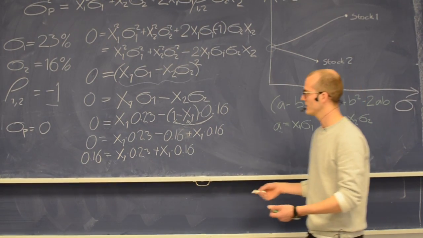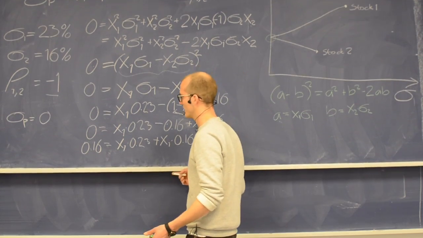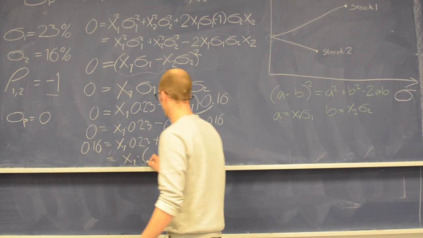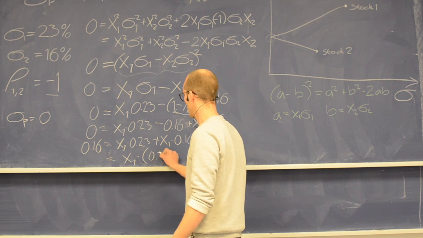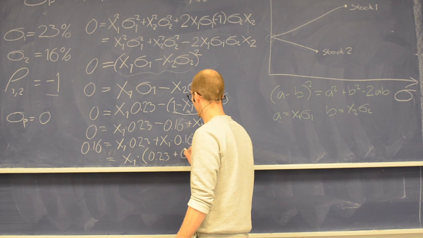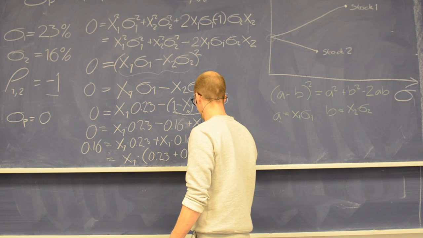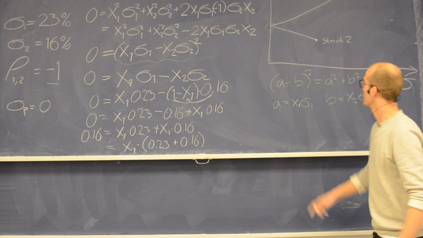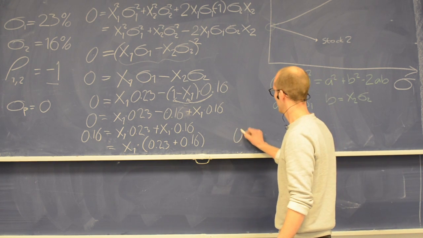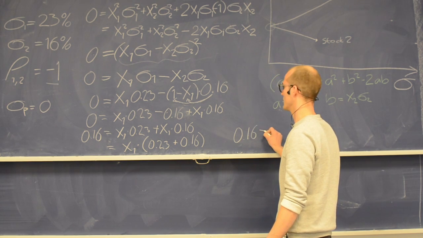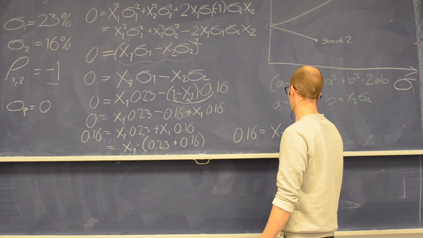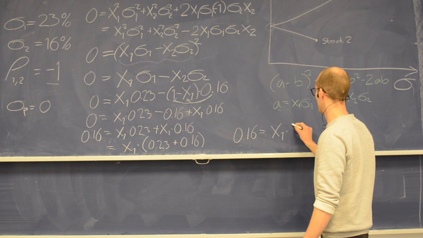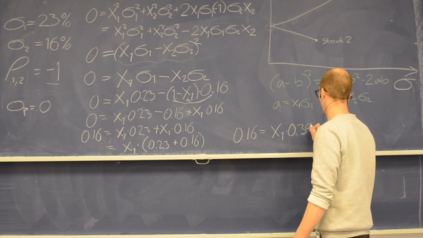Now we want to collect all the x's, so this is the same as x1 times 0.23 plus 0.16. So if I continue here, we have that 0.16 is equal to x1 times 0.23 plus 0.16, which is 0.39.